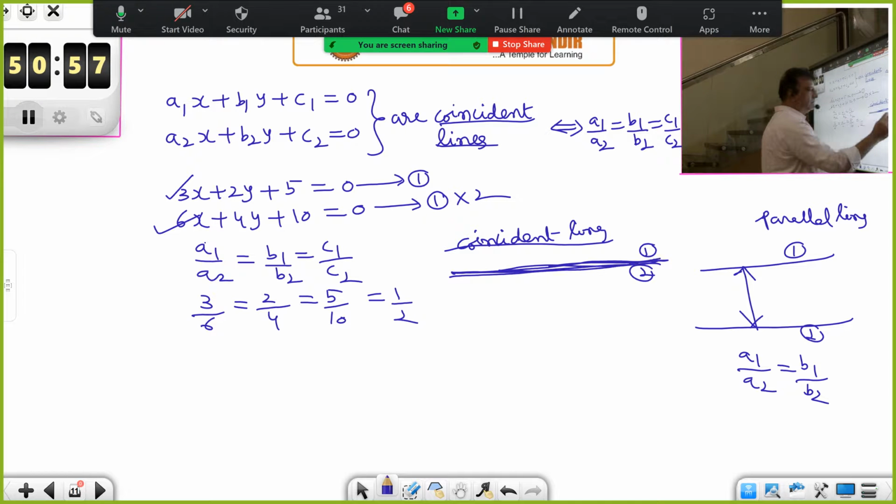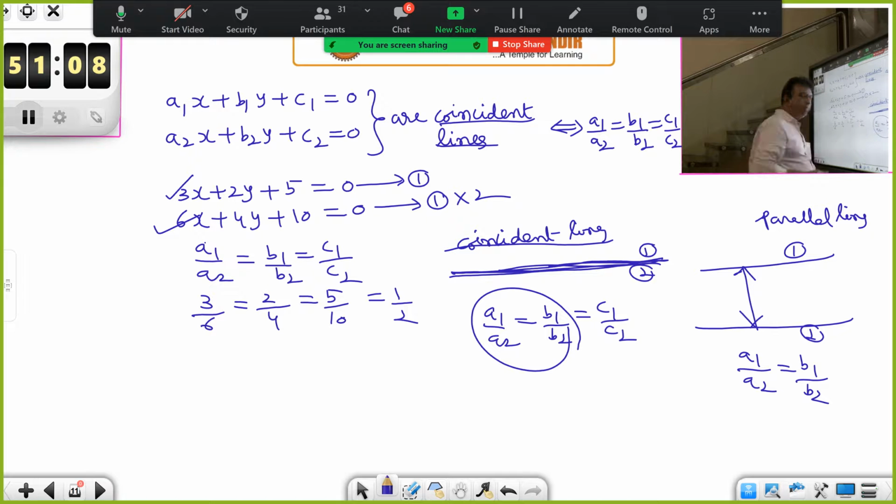Say two lines just coincide. Then what is the condition? A1 by A2 is equal to B1 by B2 is equal to C1 by C2 also. First two are equal means they are parallel. They are equal to C1 by C2 also means the distance between them is 0. Okay. So this is the condition.